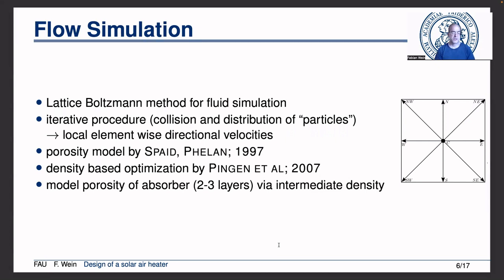There exists a porosity model for the fluid simulation, which has been adapted to topology optimization by Georg Pingen, Kurt Maute, and Anton Evgrafov, and this is what I use here. I model the porosity of absorbers, so usually one considers 2 or 3 layers of absorbers, via intermediate density. So we stay in the gray regime itself.